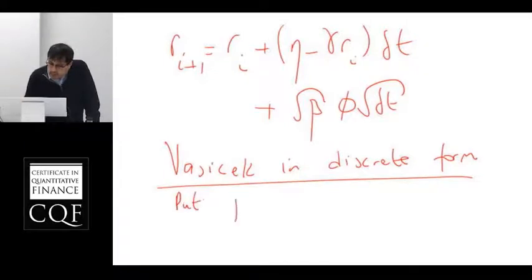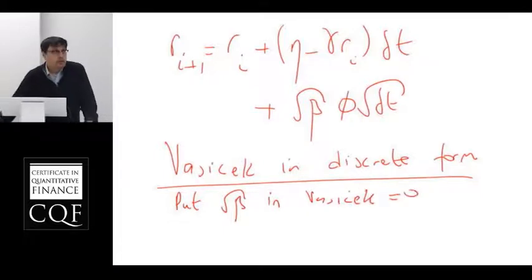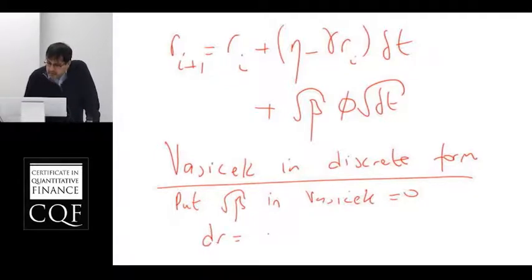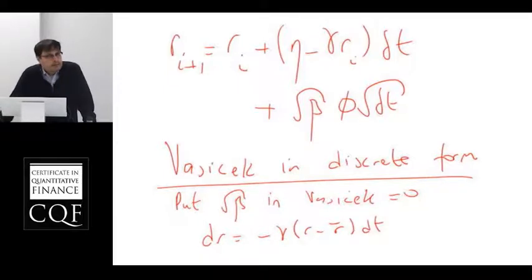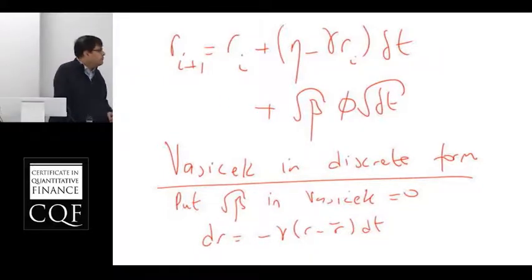Put root beta in Vasicek equal to 0. Why? That means we're switching the randomness off. What we're left with is this. Agreed? Yes, deterministic. The fact that we switch the randomness off means that what we're left with is something deterministic.